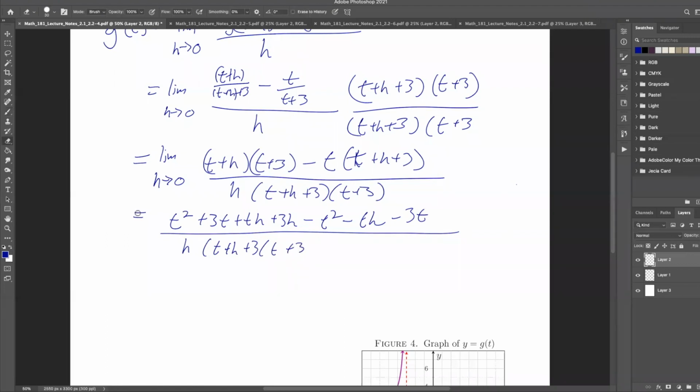And do not forget, like I did, the limit as h approaches 0.